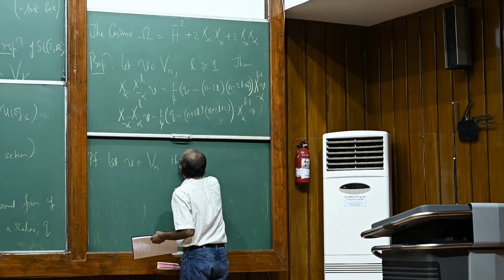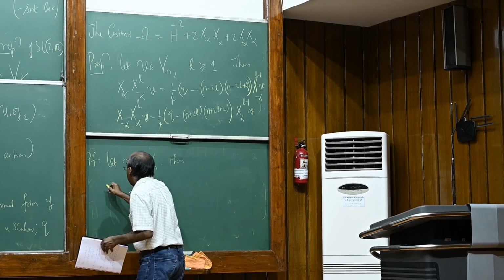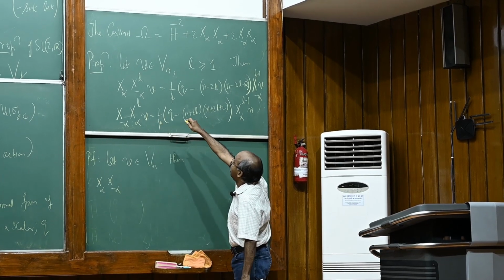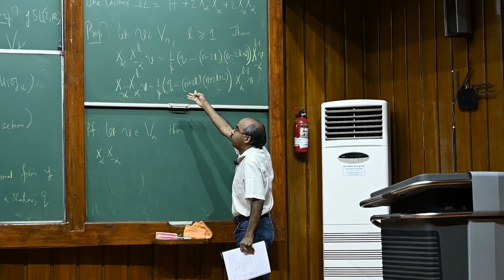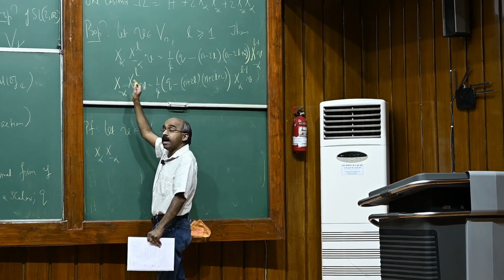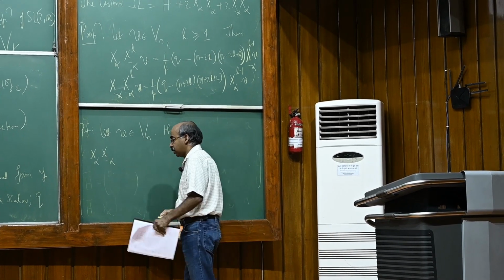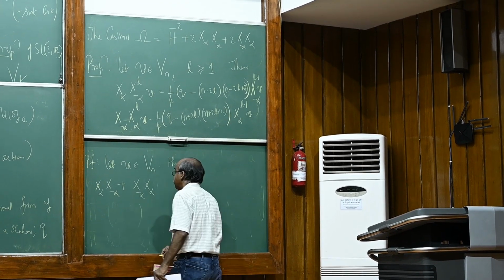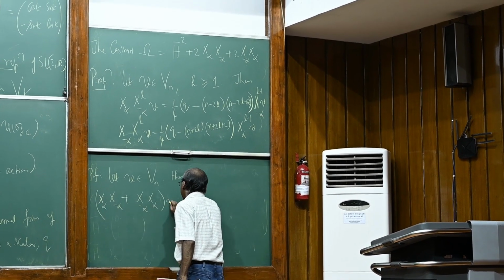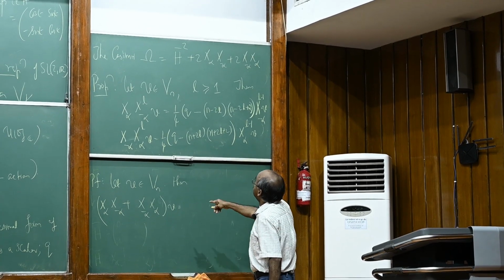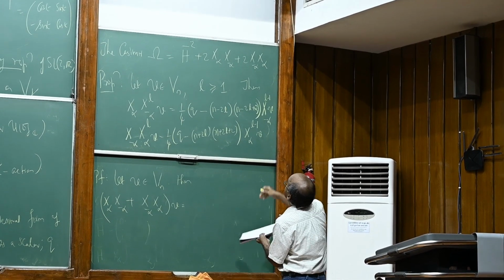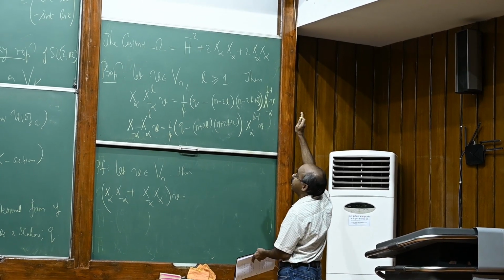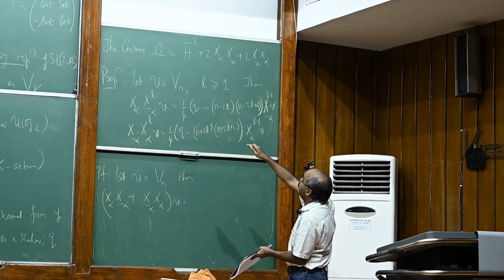Then x alpha, x minus alpha. So I'm going to compute this for the first one, for L equal to 1. Okay, so I need to get x alpha, x minus alpha acting on V, plus, well, x minus alpha, x alpha acting on V. Well, why do I write it? Because I have an expression in the Casimir which is x alpha, x minus alpha and x minus alpha, x alpha, right?